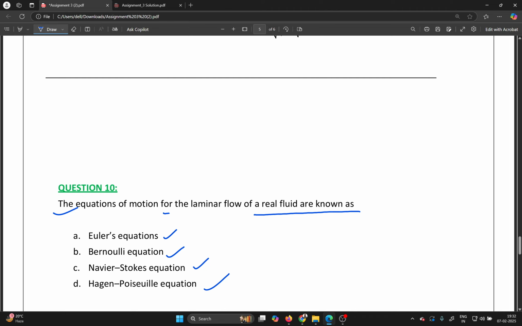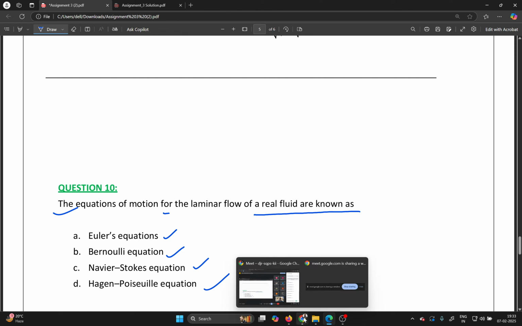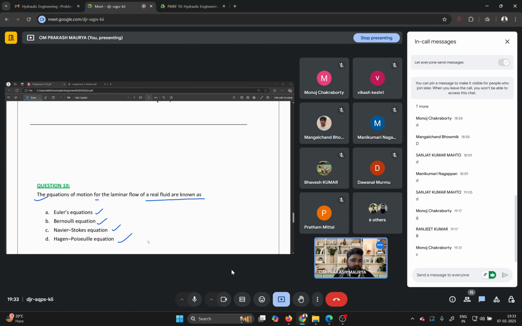So which option will be correct for question number 10? Similarly, sometimes the question will be on the equation of motion for turbulent flow. So here you need to give the answer about the equation of motion of laminar flow.